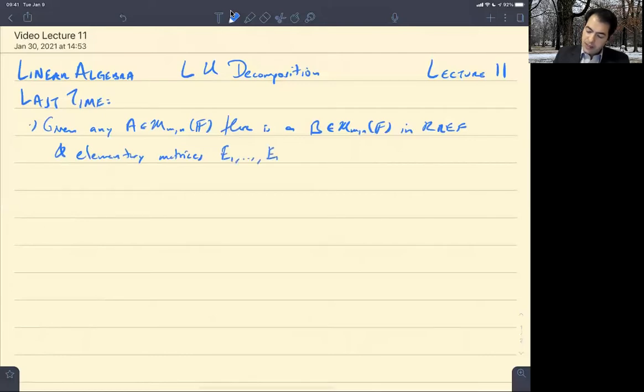So you can always relate a matrix and that matrix in reduced row echelon form by multiplication with elementary matrices.